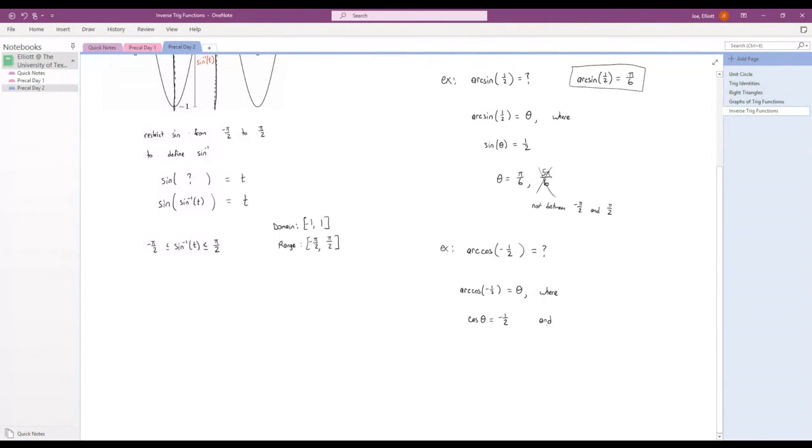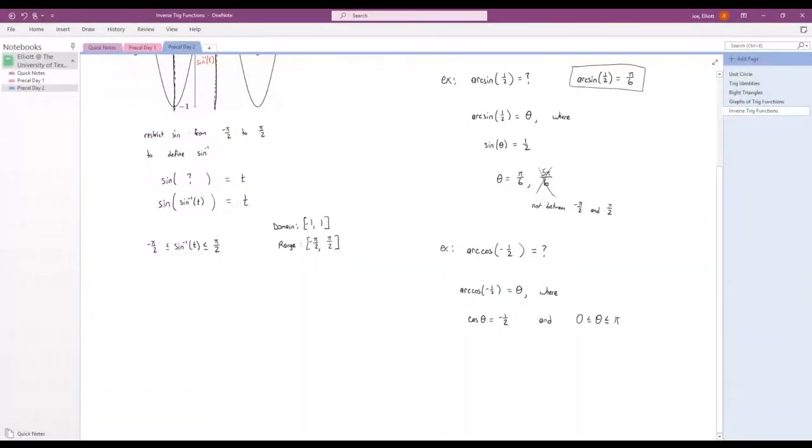We talked about for arcsine, there's this restriction that the angle has to be between minus pi over 2 and pi over 2. I kind of mentioned it when I looked at the graph earlier. For inverse cosine, the restriction on the angle is that it has to be between 0 and pi.